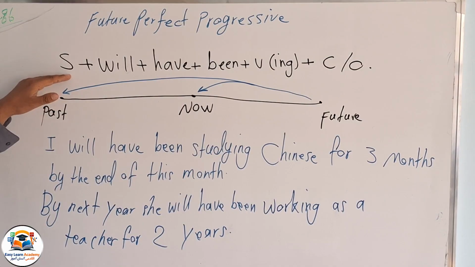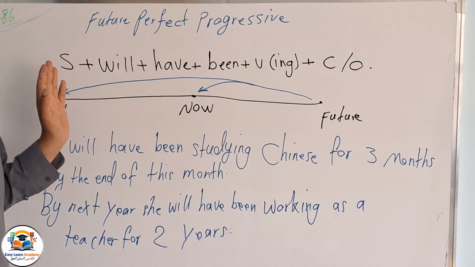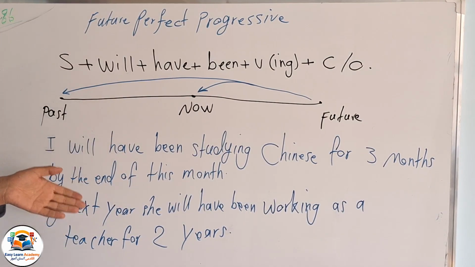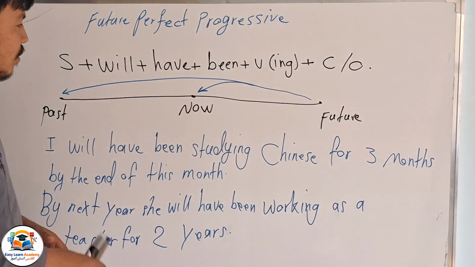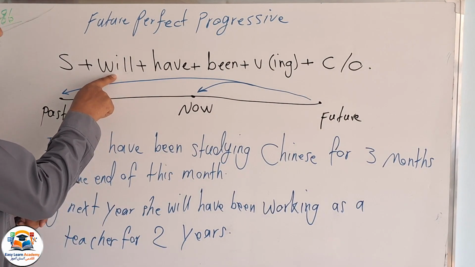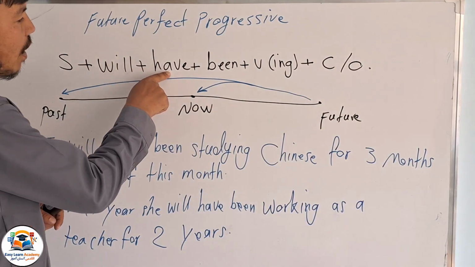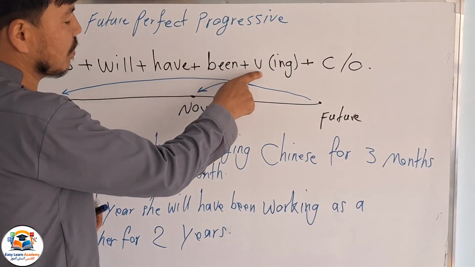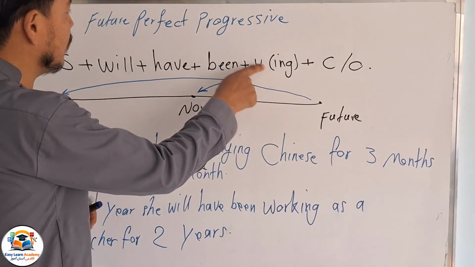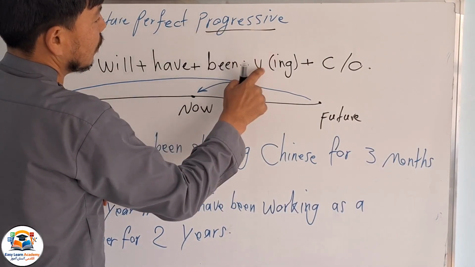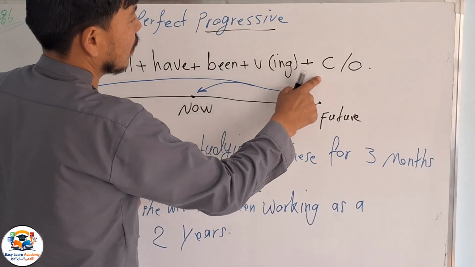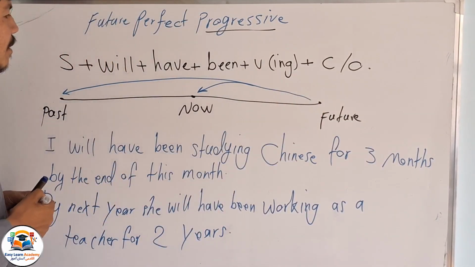We have subject. You know what are the subjects in English, like I, you, we, he, she, it, and so on. Then we have verb, have, plus been, plus verb with ing, because this is the progressive tense. So it requires a verb with ing, then complement or object of the sentence.